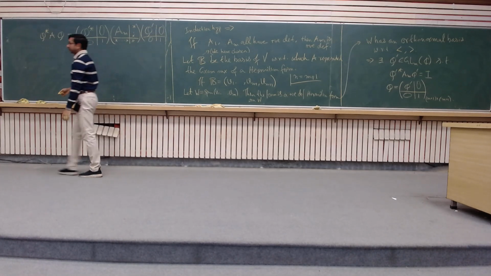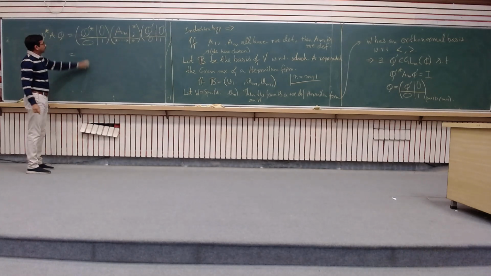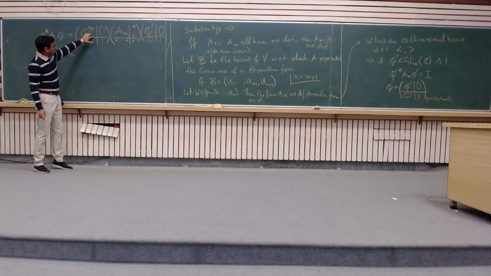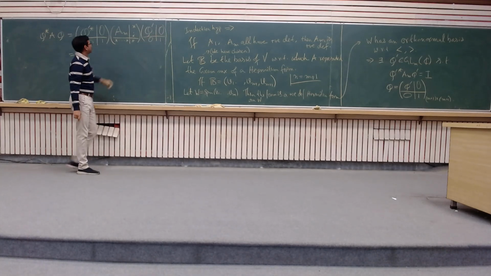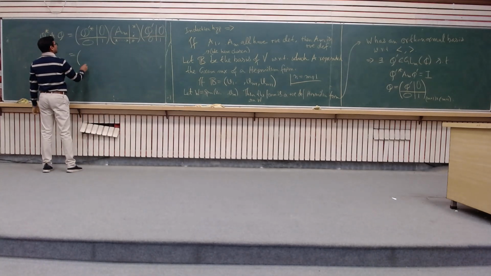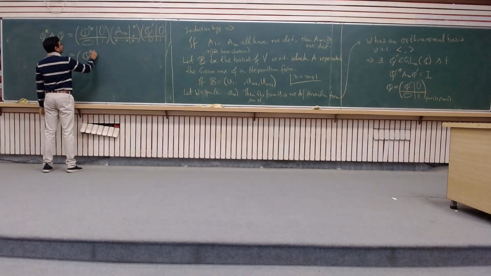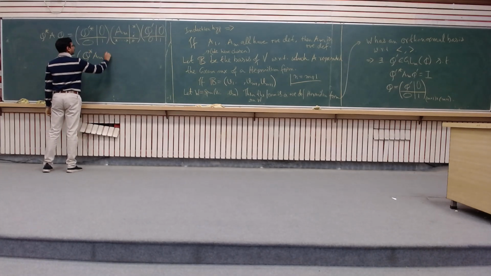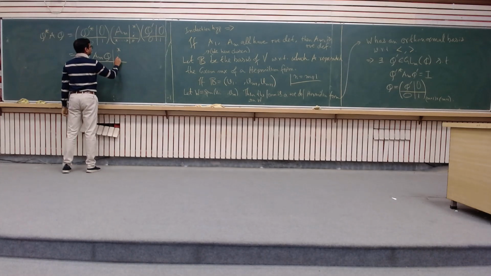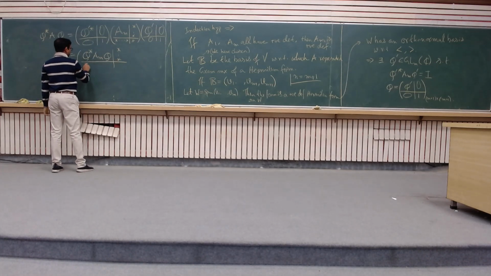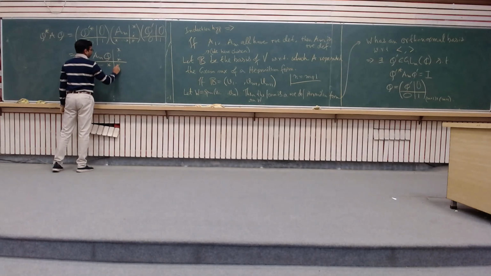Okay. Now this has m cross m size, this has m cross m size, this has m cross m size. So if you multiply this, you will just get here Q dash star A m Q dash, and we do not know much about the other entries. Okay.